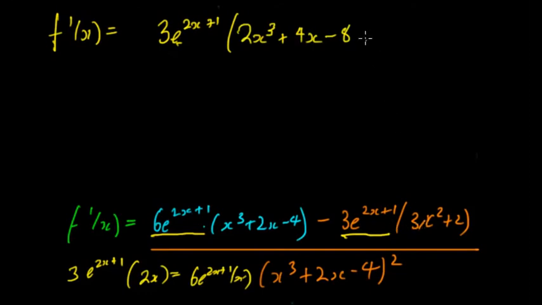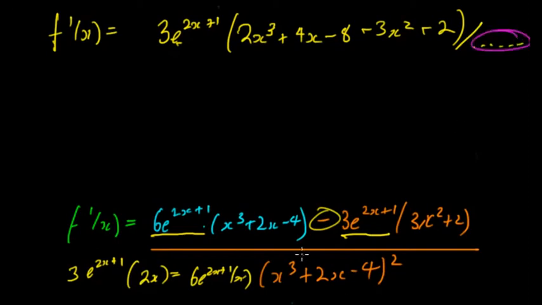Then this is going to be minus 3x squared, so be careful of the minus term there. So minus 3x squared minus 2, then that is all divided by x cubed plus 2x minus 4 squared. You can write that out, I just don't have room, so I'm just going to write dot dot dot. But here is the same term down here.